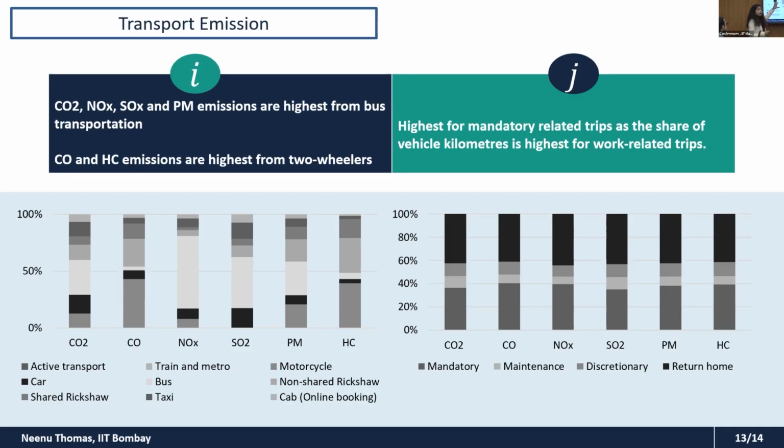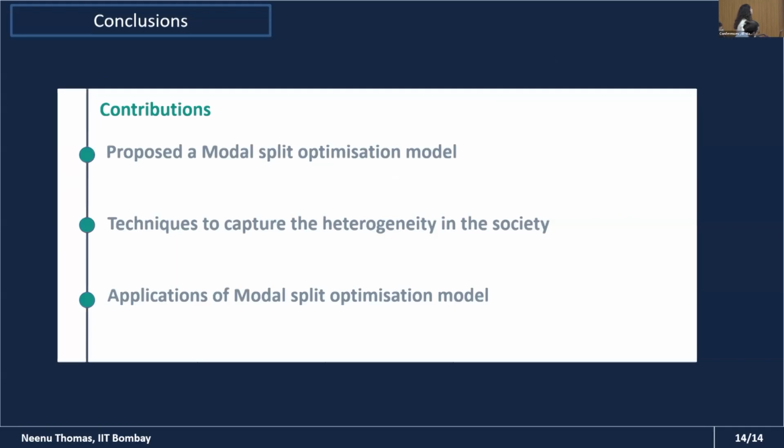In developing countries, the share of two-wheelers is high, and at least for some types of emissions, it's higher for two-wheelers. And if we consider types of activity, we can see again the mandatory trips or activities like work or school trips have a higher share for almost all types of emissions. But that is again because of the higher share of mandatory trips. So this is the result we found. Now coming to what we identified.